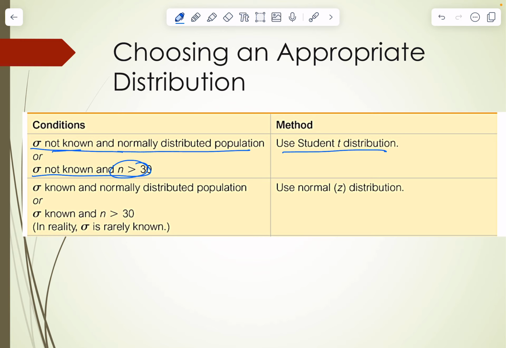If sigma is known and normally distributed, or sigma is known and n is greater than 30, then you use normal distribution. And remember, if it's the population proportion, then use normal distribution.